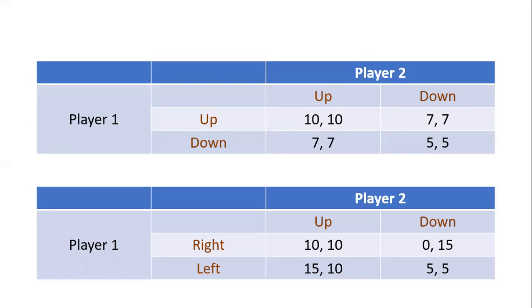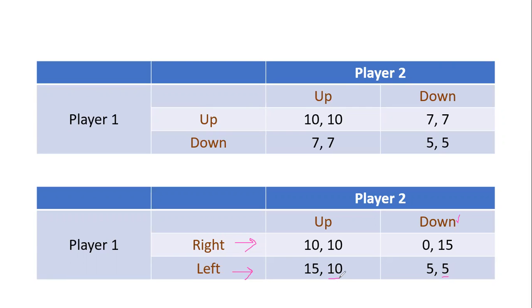Okay, now let me tell you. This time we do it for player 2, fixing player 1's strategy as right. If player 2 plays up, the outcome is 10. Playing down, the outcome is 15. So the player should play down. Changing player 1's strategy, in this case, if player 1 plays left, player 2's outcome could be 5 or 10.